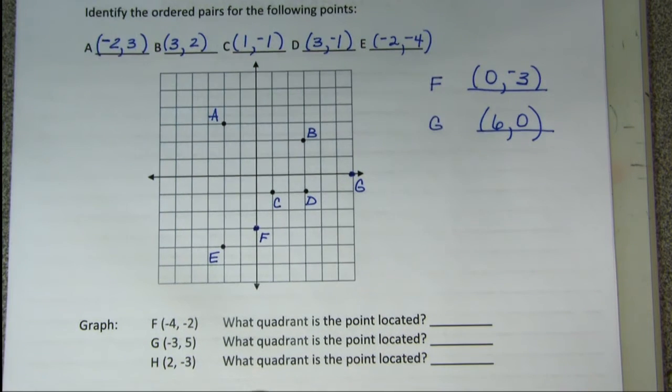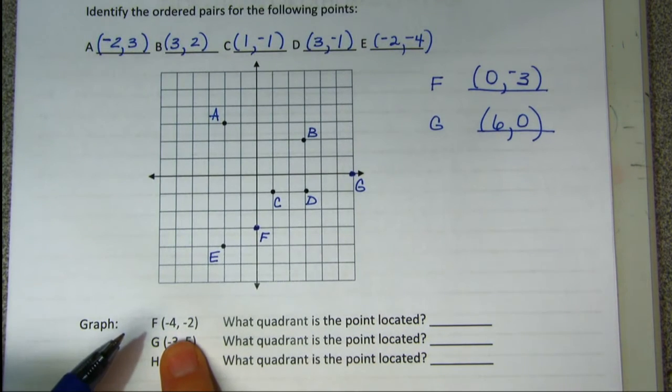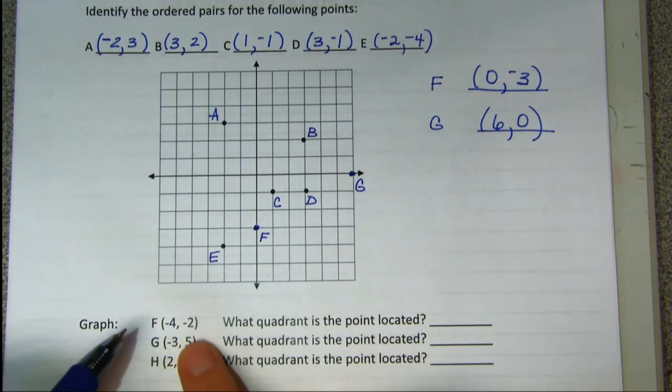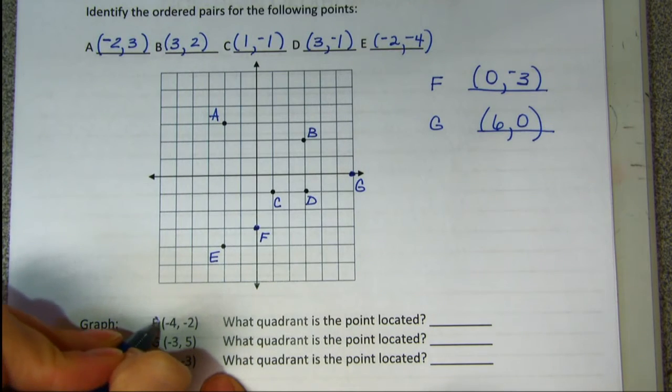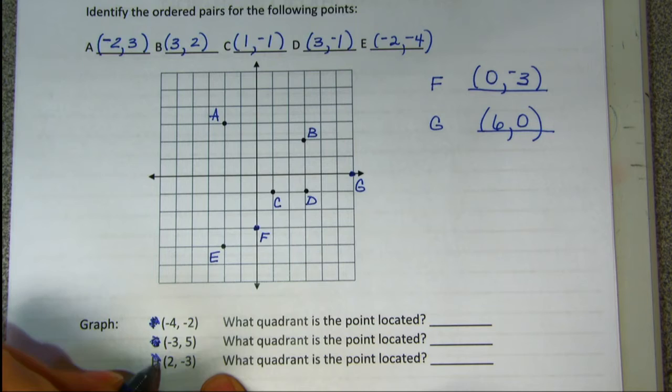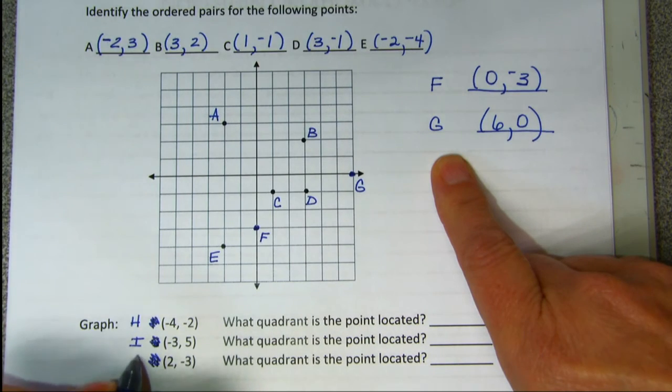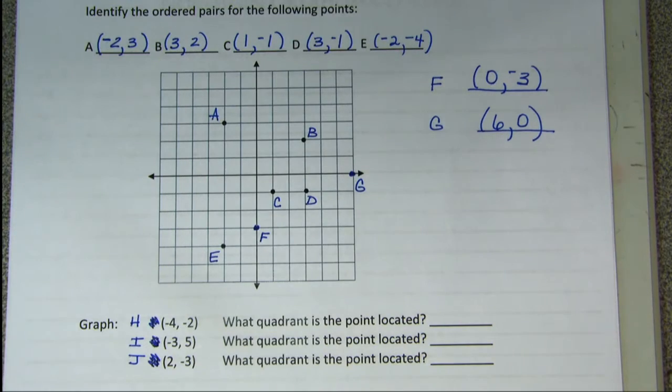All right. So, oh, these are different. So point F is different than this F. So let's name these something different. G, H, I, J. All right?